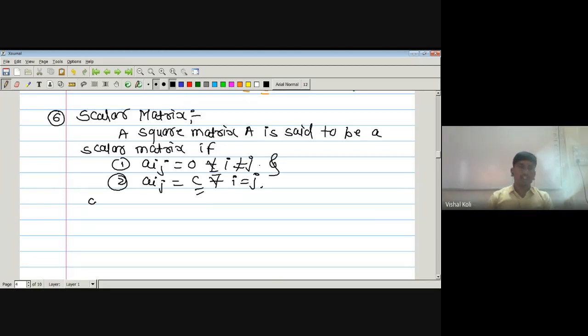In short, the definition is that a diagonal matrix has aij equal to 0 for all i not equal to j, so a scalar matrix must be a diagonal matrix.